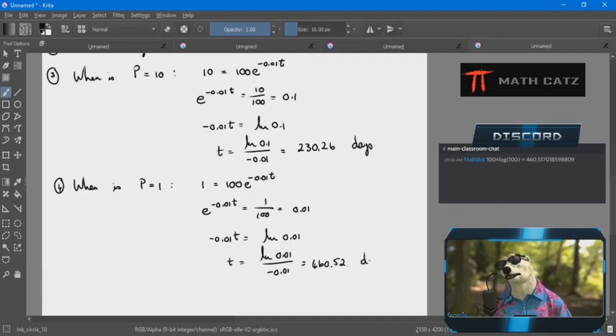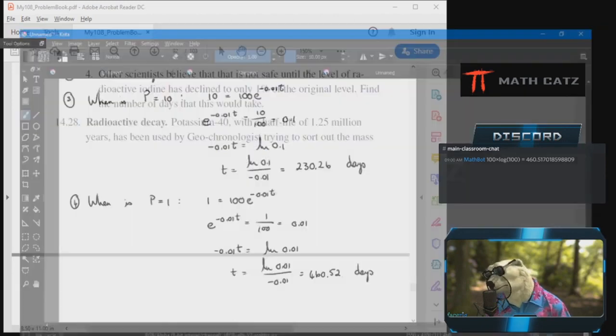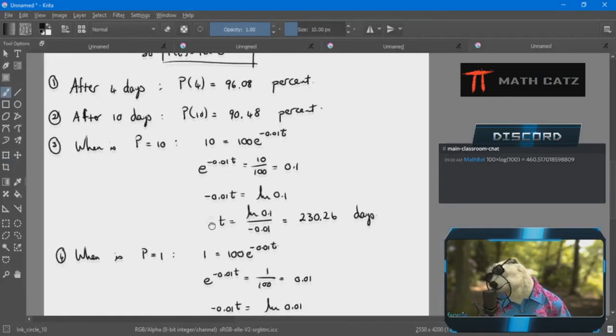So it'll take 460 days, so a year and a bit, a year and a third-ish, to get the hay and therefore the milk down to a safe level, depending on what they consider to be safe. So we see here the same kind of thing happens.